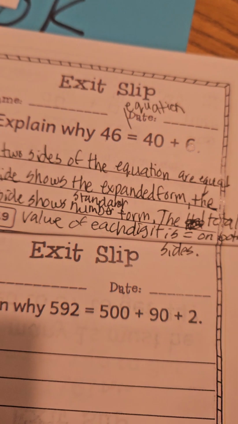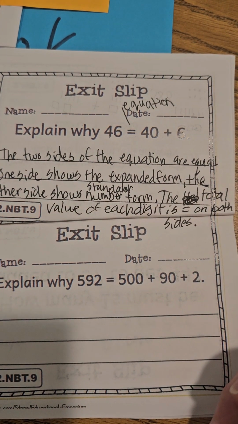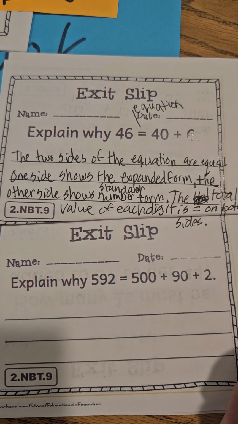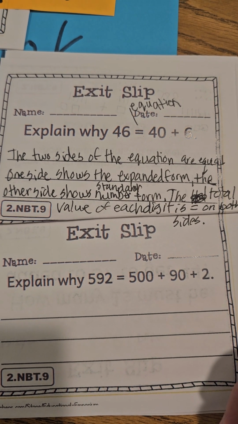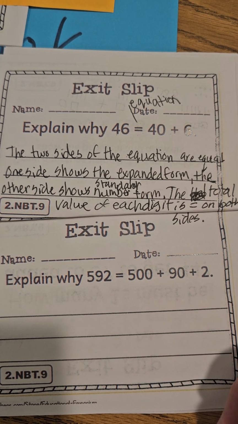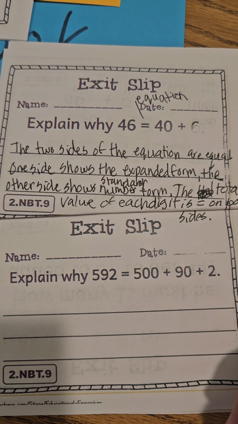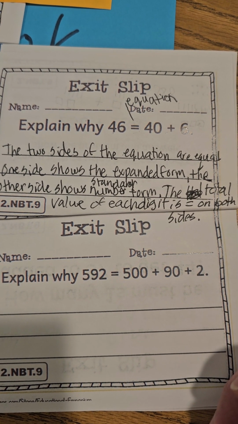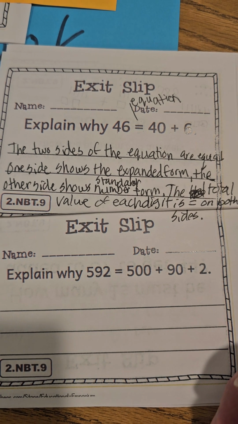Okay, so they don't give you much room to write. That's why I said you got to write tiny. You got to write small. The two sides of the equation are equal. One side shows the expanded form. The other side shows standard form. The total value of each digit is equal on both sides.